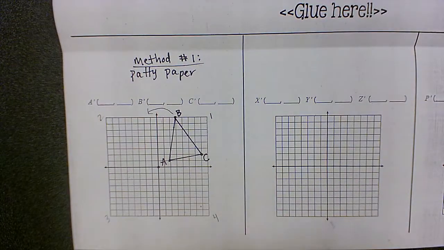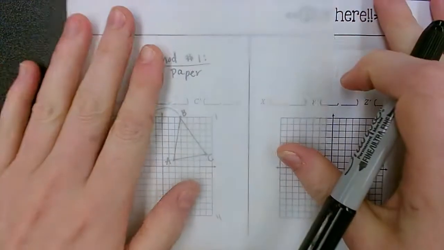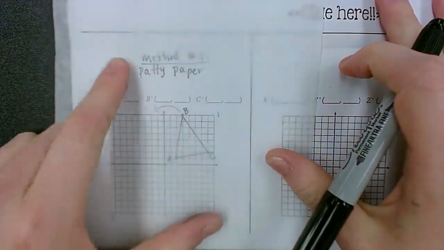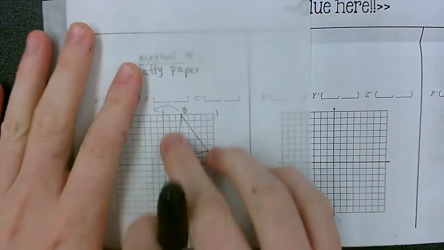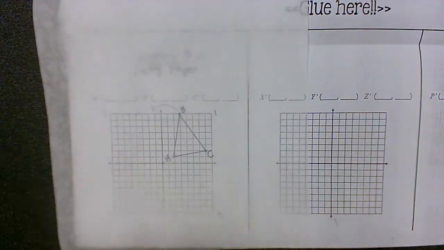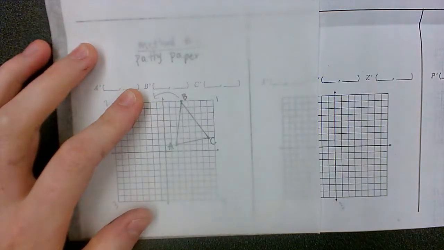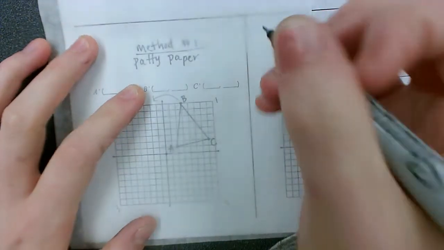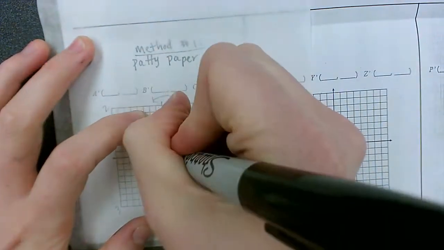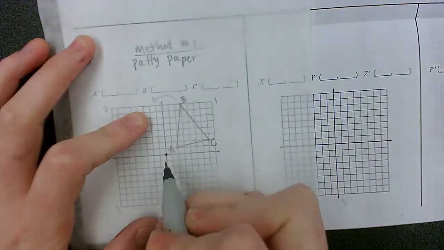Okay. So our first method is using patty paper. So you would take your patty paper, which is my tracing paper. I can see straight through it. And I want to make some landmarks here to make it easier to rotate. It doesn't matter where on the patty paper you do this, but I'm going to plot my origin.